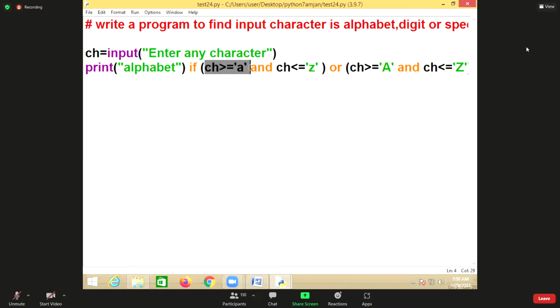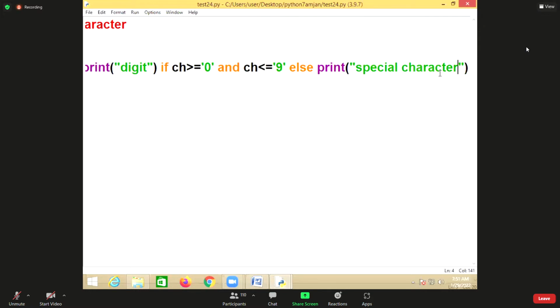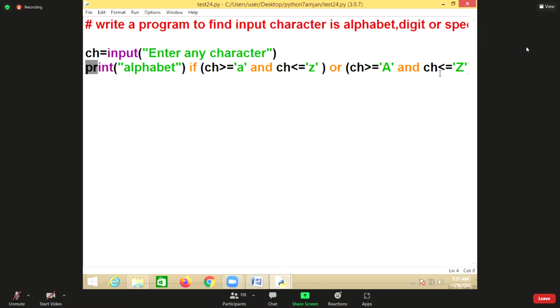If this condition is false, then the complete condition becomes false? Then, if the first condition is false, will it check the second condition or not? Yes, because the operator is or. So is 65 greater than or equal to 65? Yes. And 65 is less than or equal to 91? Yes. Then it will print alphabet.